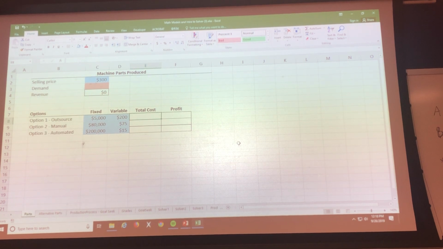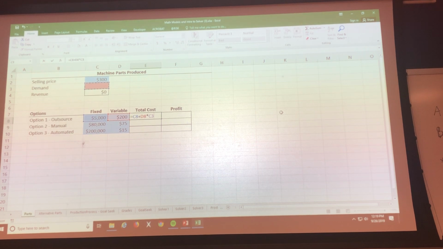How would we calculate total cost? What would we do to get total cost? It would be the fixed plus the variable times the demand. Right. The fixed cost plus the variable unit cost times how many units, which is demand.